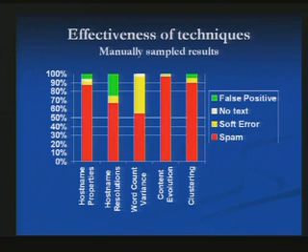In this slide, we show you how effective each of these techniques is. The red bar shows the number of pages that were correctly identified as spam out of the flagged candidates. The yellow bar is a soft error page. White is no text. And green is a false positive.